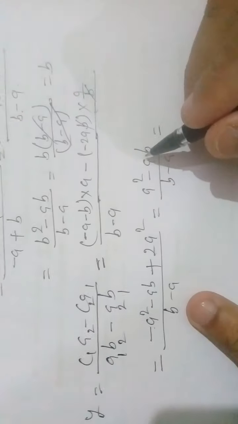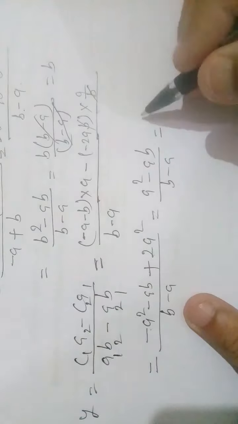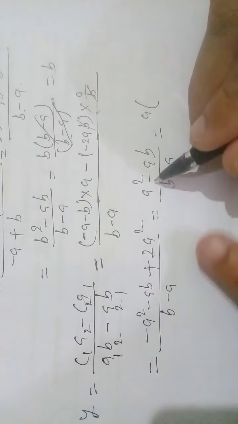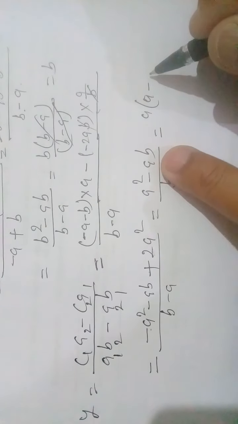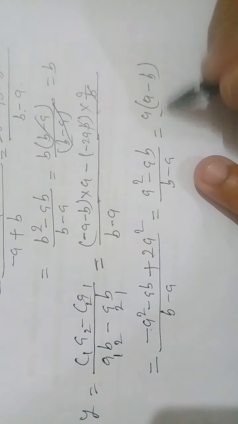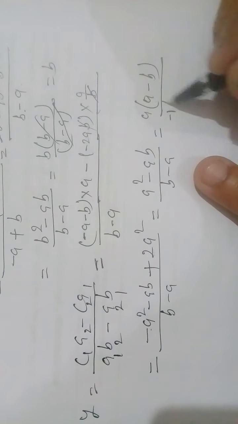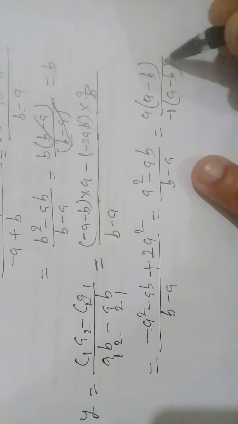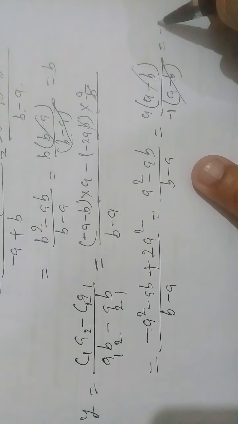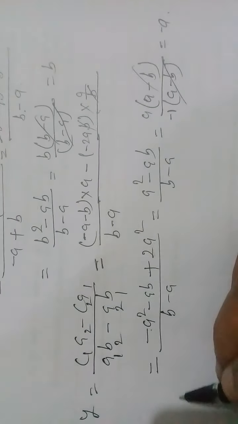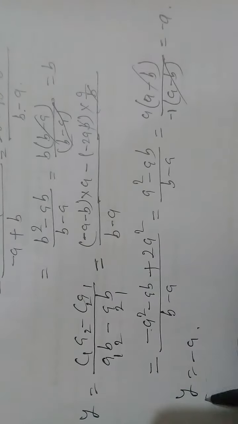Now the common in this is a, it means a minus b, common, it's cancel, minus a. Implies y is equal to minus a.